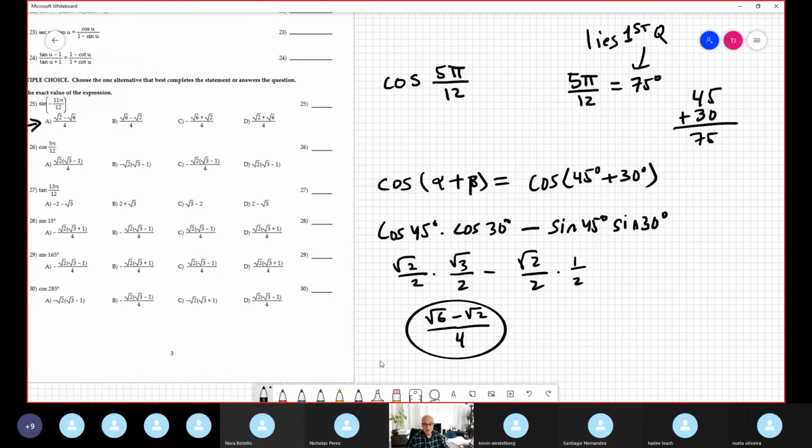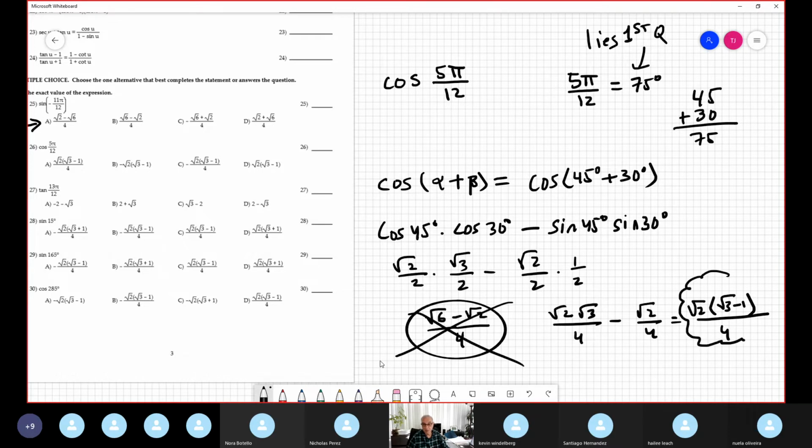Radical 2 radical 3 over 4 minus radical 2 over 4. With common denominator 4 and radical 2 as a common factor, radical 2 times radical 3 minus 1. It's equivalent, but they prefer no multiplication of radicals, like the option A.